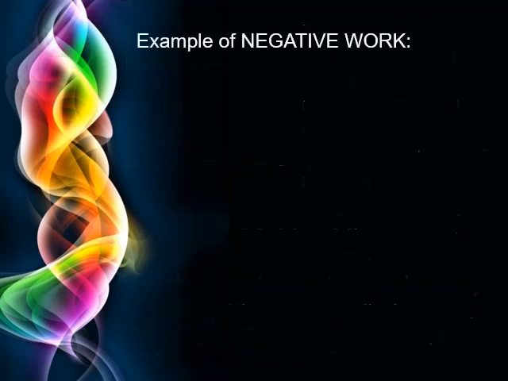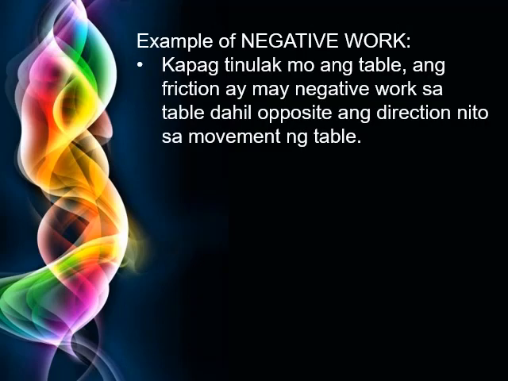So let's look into the other examples of work, negative work. So, for example, tinulak natin yung table. So, yung friction ay may negative work sa table. Bakit? Kasi, ang direction ng friction is always opposite to the direction of the movement of the object. So, therefore, sa case na to, kanina, yung applied force mo does positive work on the table.